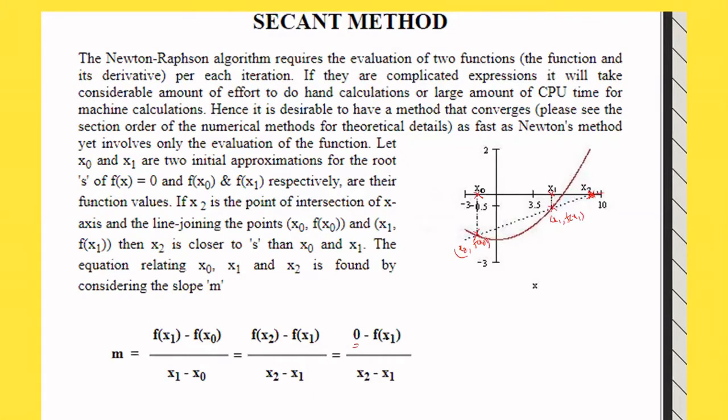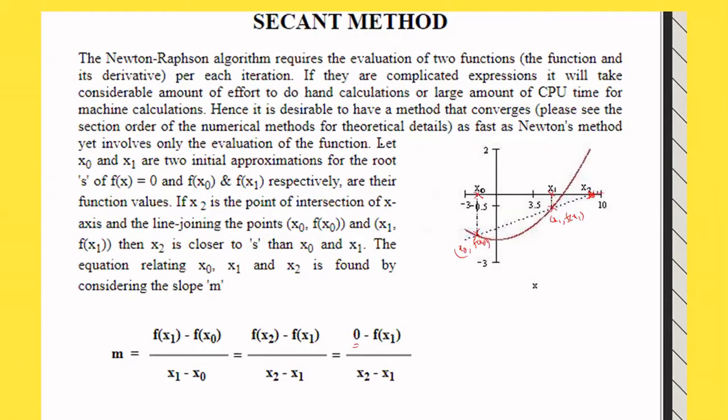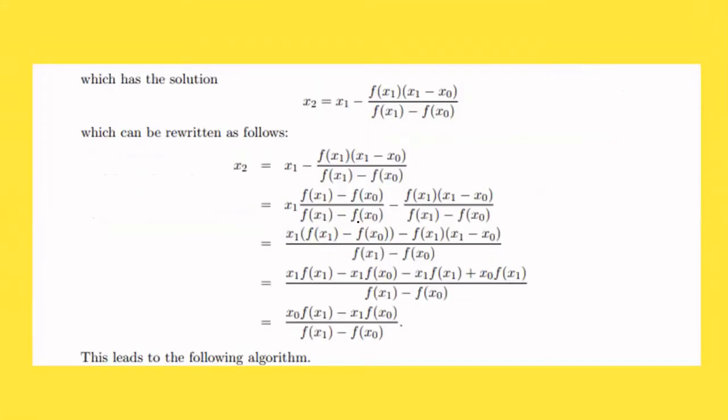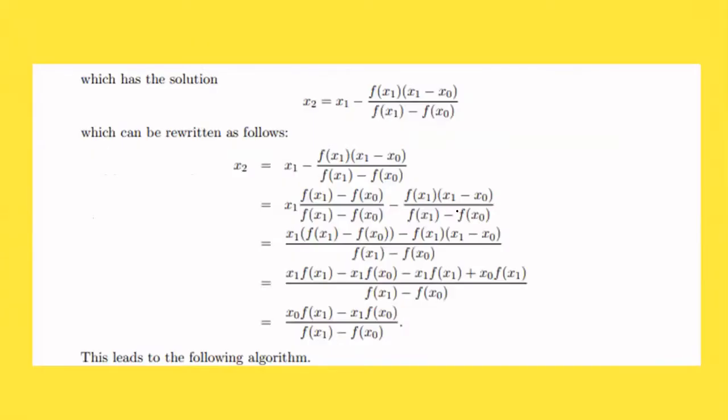So x2 is equal to x1 minus f(x1) into (x1 minus x0) by (f(x1) minus f(x0)).